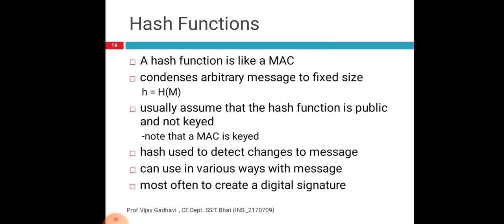Here we see the properties of hash functions. In order to be an effective cryptographic tool, the hash function is desired to possess the following properties. First is pre-image resistance, second is second pre-image resistance, and third is collision resistance.